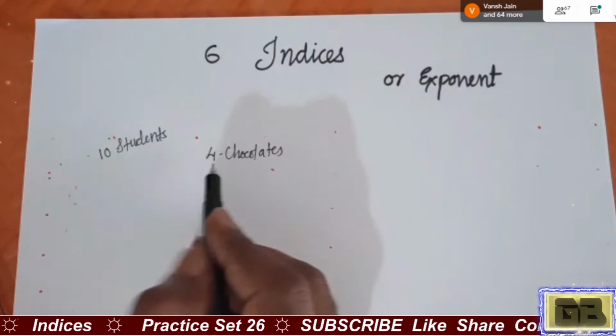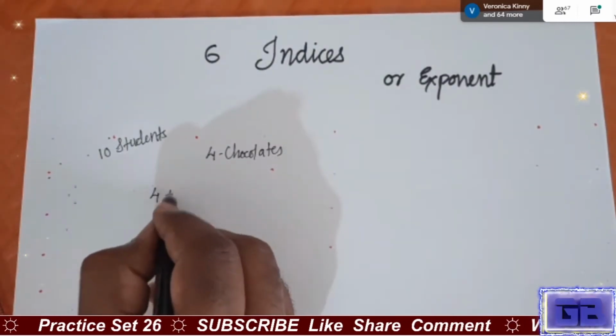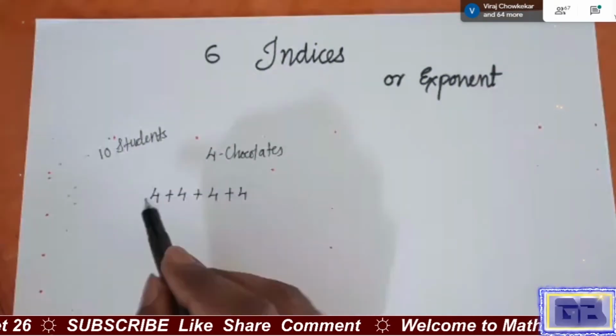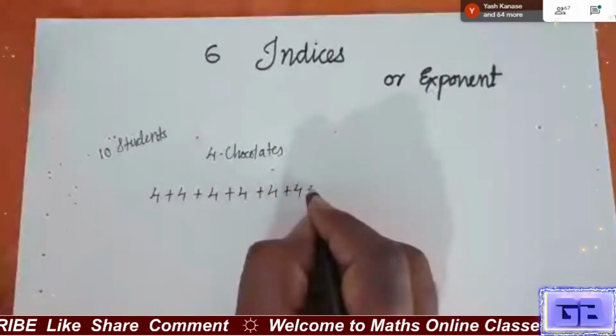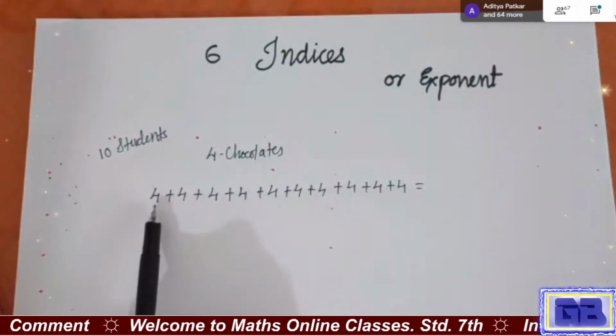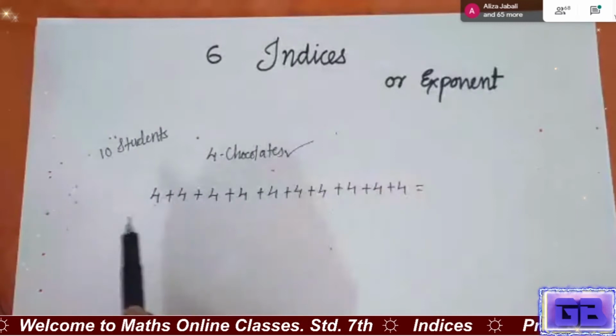Then how many chocolates will it be in total? Suppose 4 plus 4 plus 4 plus 4, first student, second, third, fourth, fifth, sixth, seventh, eighth, ninth and 10th. Total 10 students are there and we have to give 4 chocolates to each student.